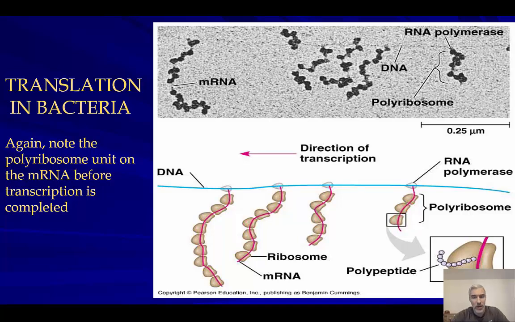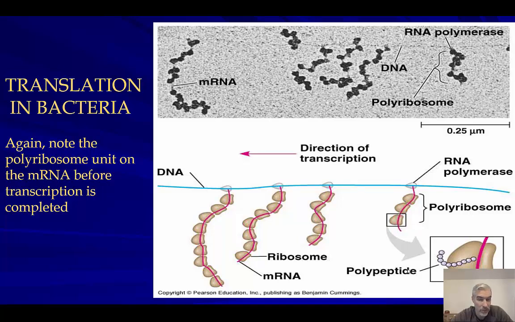So we've seen this picture already, but again, I'm just reviewing this. Translation in bacteria happens at the same time as transcription. Again, notice because there's a polyribosome unit on there at the same time it's being transcribed, that means it's not being modified before it leaves the nucleus, because it's clearly not in the nucleus.